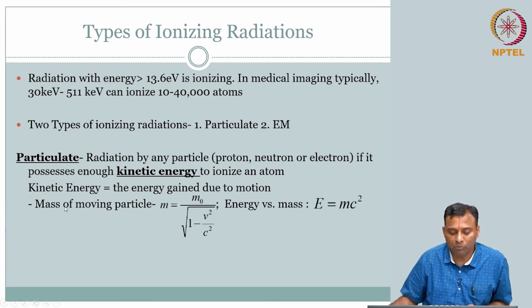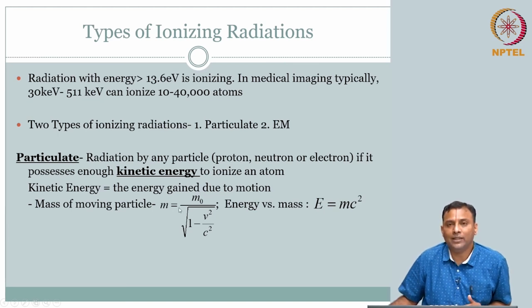So the mass of this moving particle is m naught, the rest mass, but if it is accelerated and moves with a velocity v, a reasonable fraction of c, then we will have to use m. So if the velocity increases, the mass also increases, right. If the velocity is 0 or very insignificant compared to c, then m is equal to m naught, that is your rest mass.